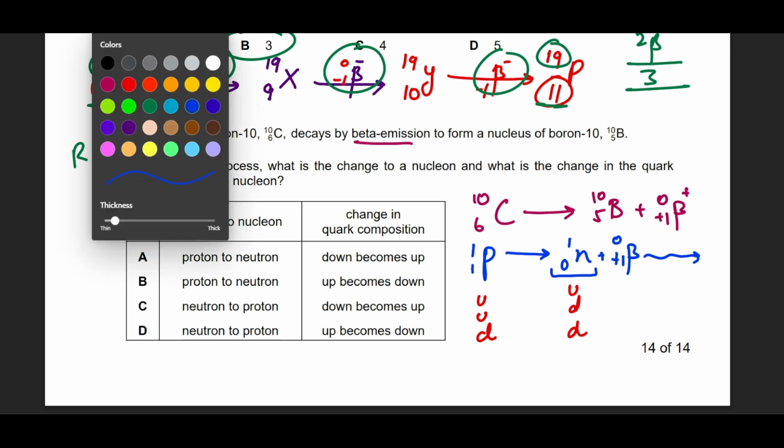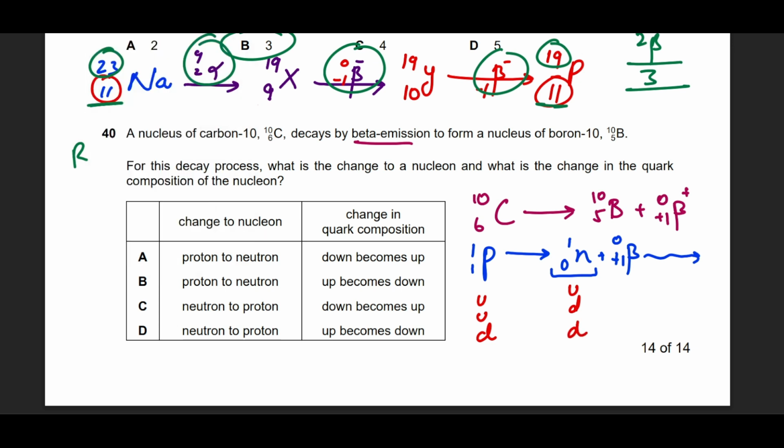So a proton changes to a neutron. Yes, proton to neutron, so C and D are incorrect. Over here we can see up remains up, down remains down, but 1 up changes to a down. This is the point to note. So 1 up becomes a down. So this is going to be option B.